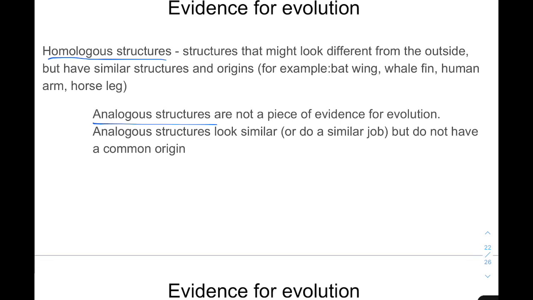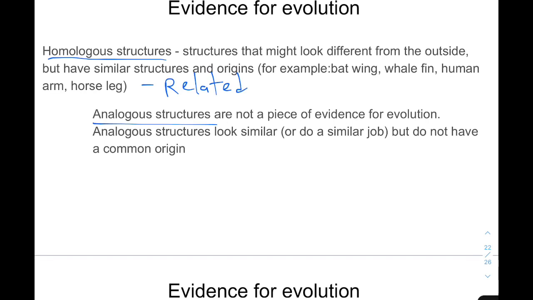But if you look at the bone structure, you notice, hey, it's got the same number of bones in the same orientation. That's weird. They must be variations on one plan, one set of DNA instructions. This is evidence that things are related, that we otherwise might not guess.